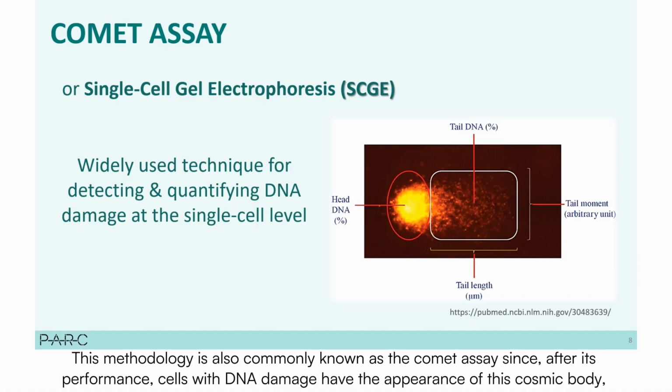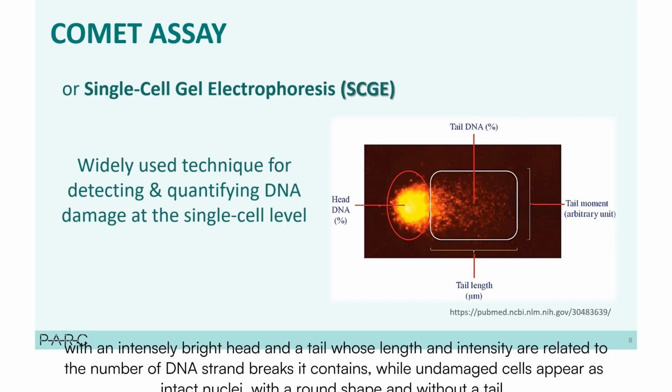This methodology is also commonly known as the COMET assay, since after its performance, cells with DNA damage have the appearance of this cosmic body, with an intensely bright head and a tail whose length and intensity are related to the number of DNA strand breaks it contains, while undamaged cells appear as intact nuclei, with a round shape and without a tail.